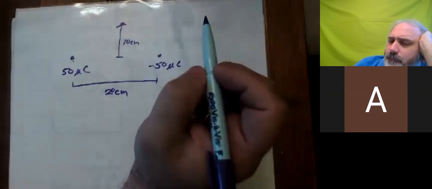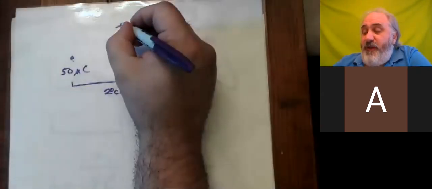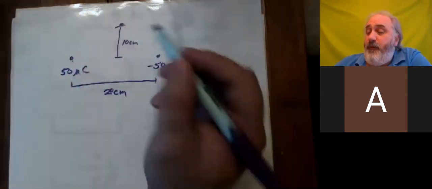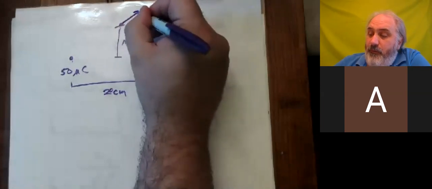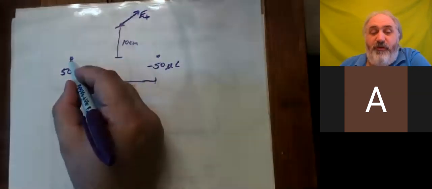Why would it be down? If I put a positive charge there, it would be repelled from this charge here because they're both positive, right? So it would be pushed diagonally up and to the right. I'm going to call that E plus because it's the E from this charge here.